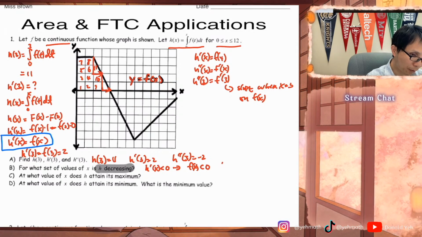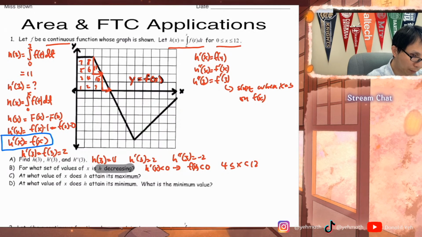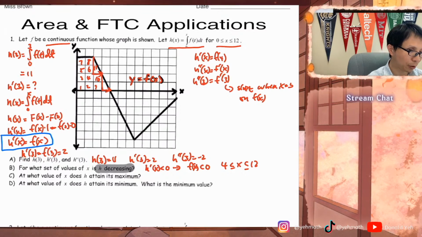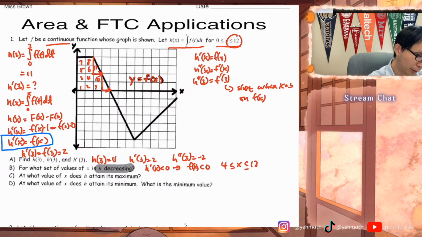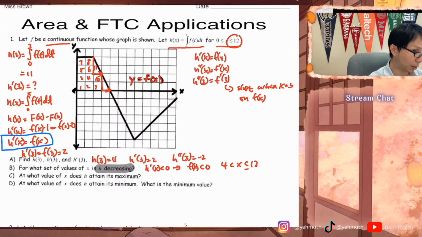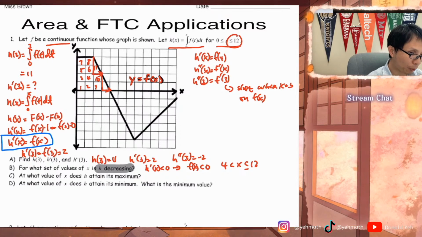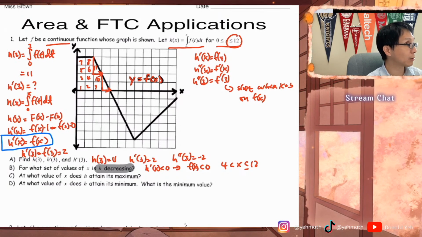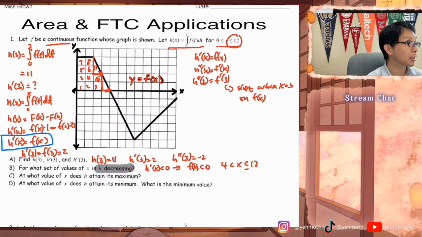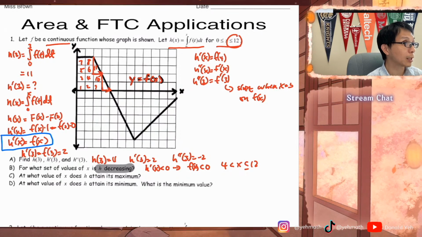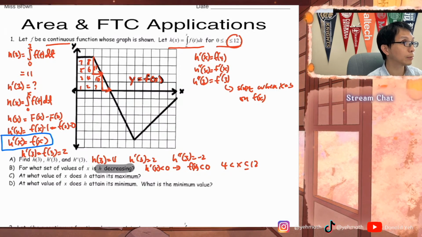So it goes from 4 to 12. Now pay attention, it's 4 to 12 because this is 12 here, but it's not including 4. I'm going to erase that equal sign, because at 4 it's not really negative yet. At 4 it's actually equal to 0, so it's not increasing or decreasing. It's the moment before it starts decreasing. So it cannot account for 4, so it'd be 4 to 12.